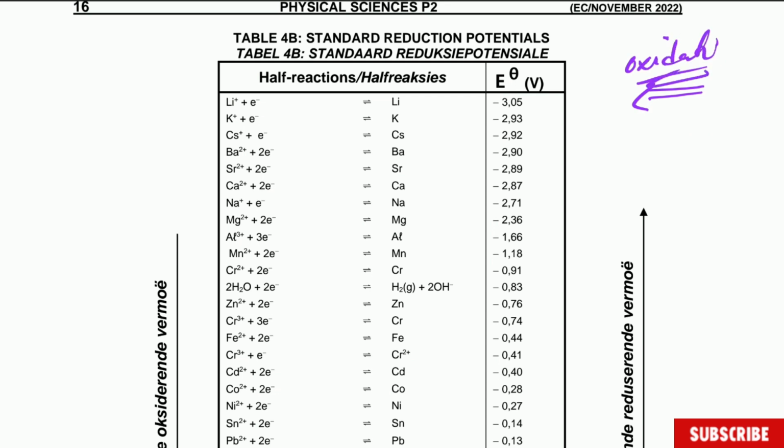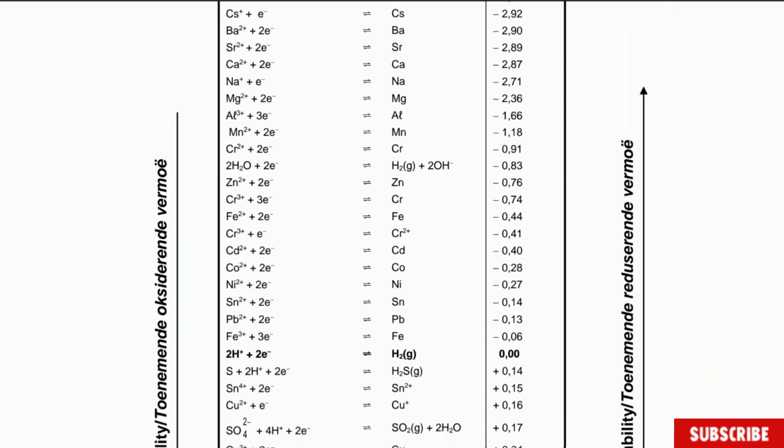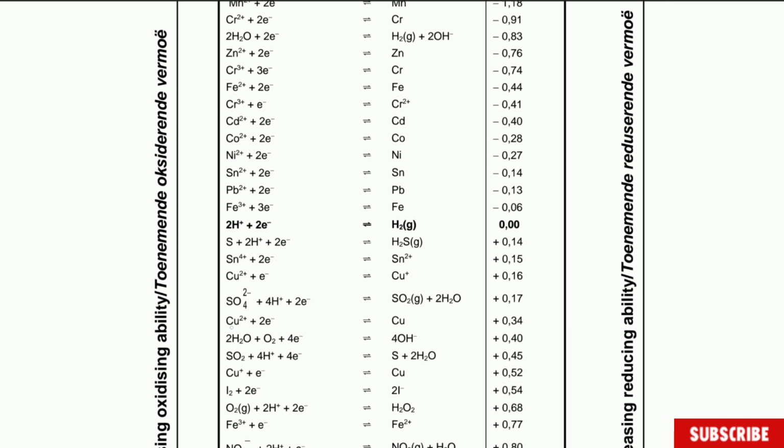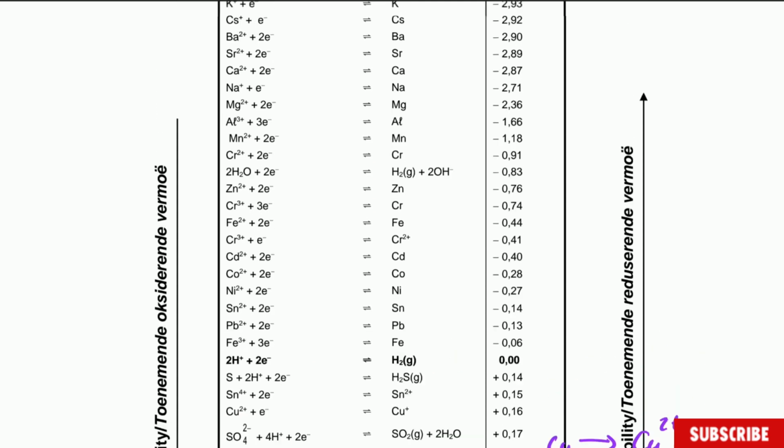Okay, so for example, you look for copper, you make sure that copper 2 plus, copper plus, is copper 2, is this one here. So you can see it there. We are going to write it in that direction. In other words, you are going to say Cu arrow Cu 2 plus 2 electrons, as it is there, but in that direction. And that one is the oxidation half reaction.